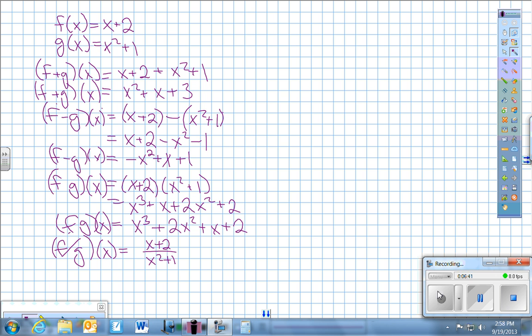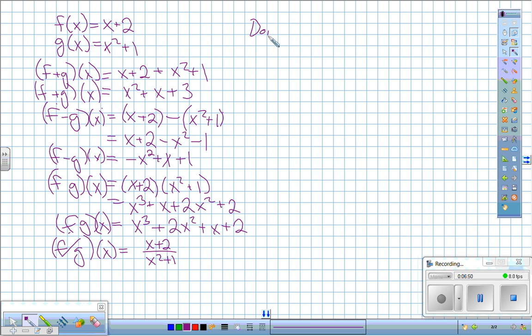A lot of the questions just ask what is the domain of each of these things. So what numbers can I plug in for f of x in this case? The domain of f, I can plug anything in there. So my domain in that case would be all reals.